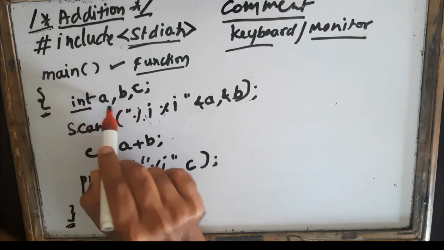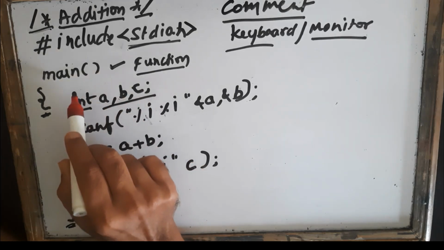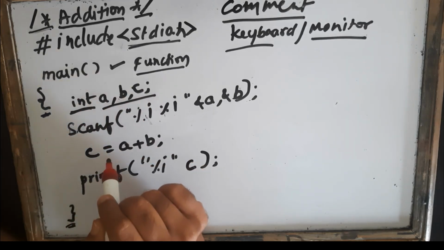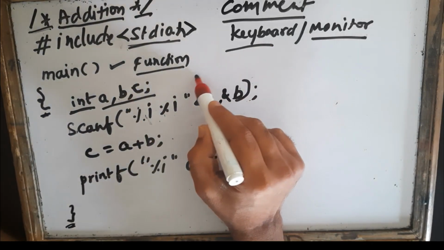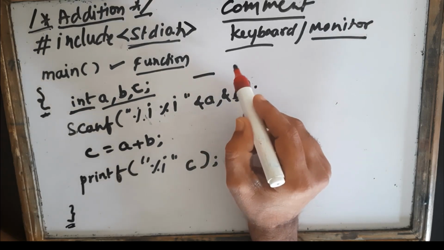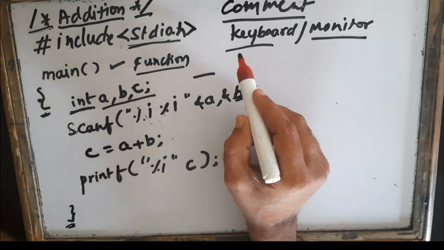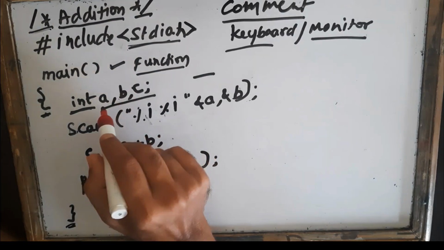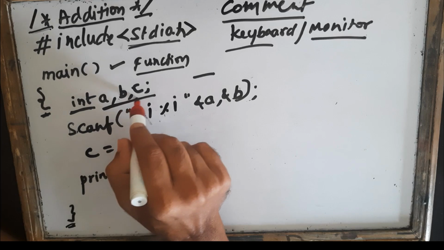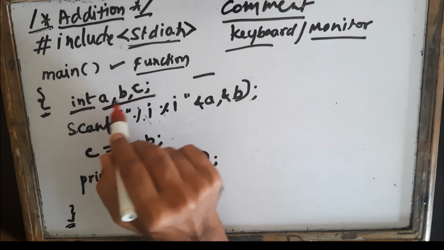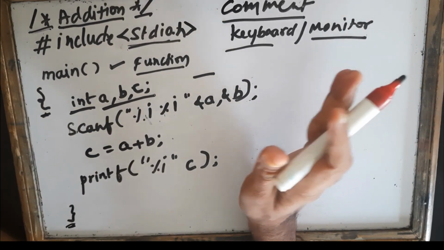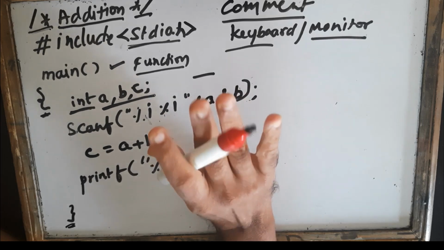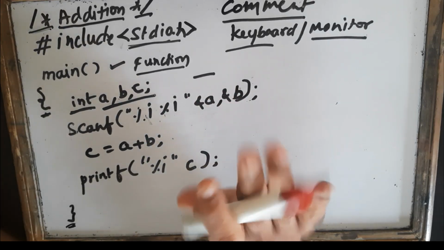Okay, here we have int a, b, c. That means we have integers. Integer means it's like normal integers in maths. That means we can have three integers here, a, b, c. These can hold integer values. The range, the limit of the integers, what values they can hold, we will discuss later.